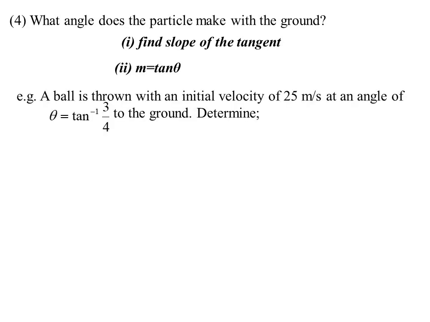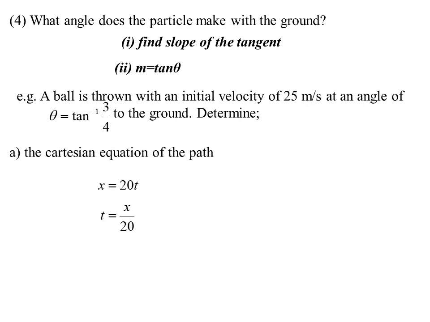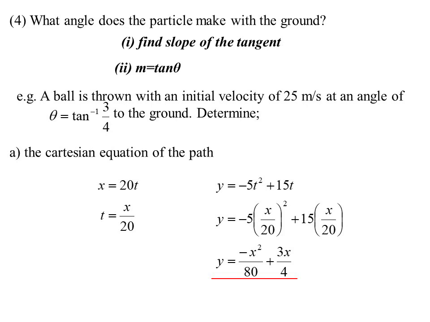So let's go back to the same example that we did before with vectors. Our ball's thrown, velocity 25 meters per second, angle inverse tan of 3/4. First of all, we're going to need to work out what the Cartesian equation is for that particular parabola. We did work out that x was 20t, so t will be x on 20. We also worked out an equation for y. Subbing that in, there's our quadratic.